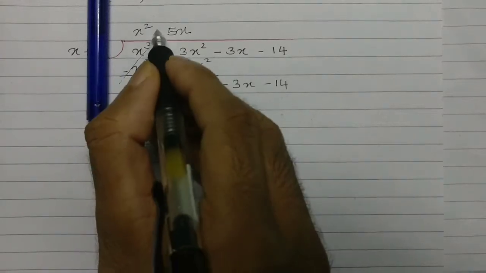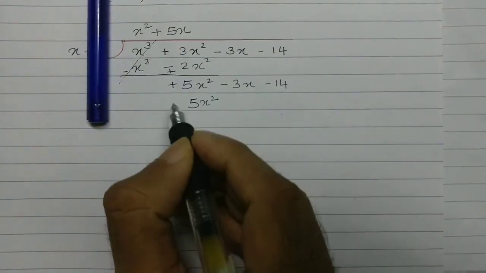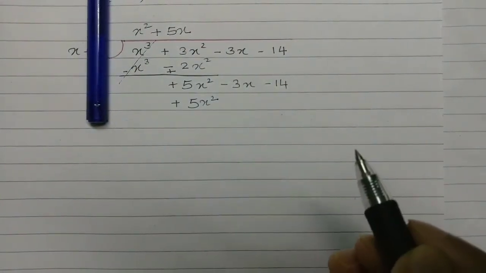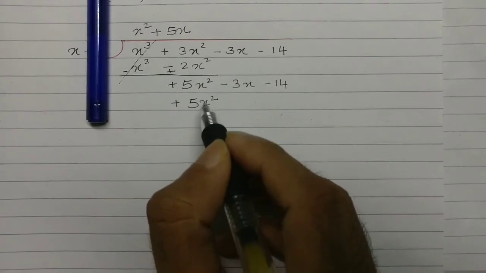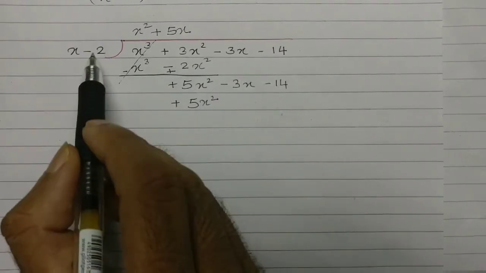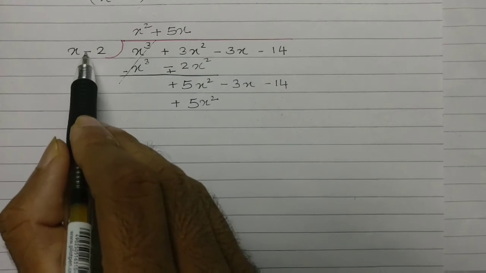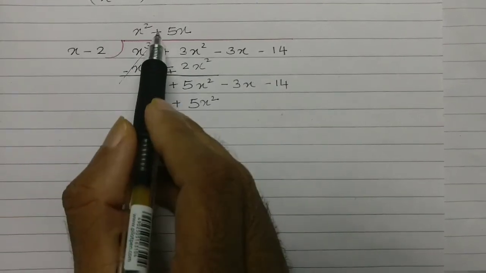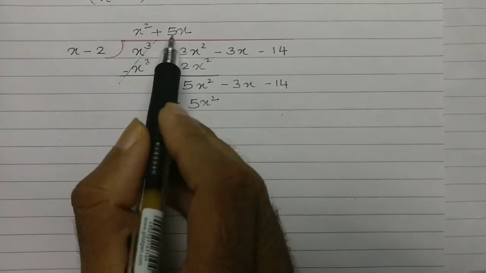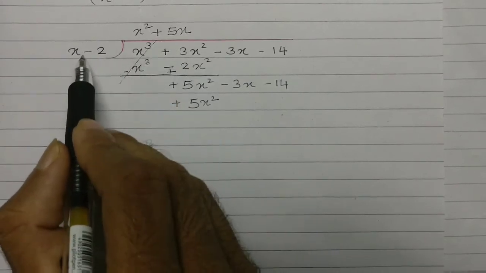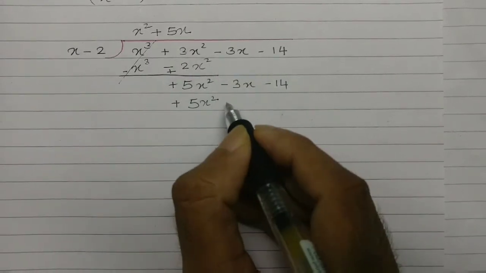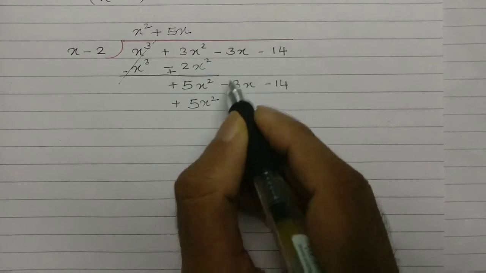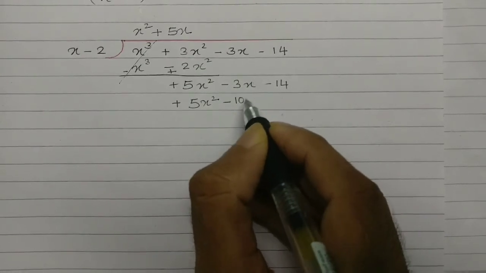This is also positive, so I'll have to put plus over here, so this also will become plus. Once I've written this first term replicated, unhide and multiply. So a minus and plus will become minus. 5 times 2 is 10, so I'll get minus 10x. Minus 10x will be written in place of x, so here minus 10x.